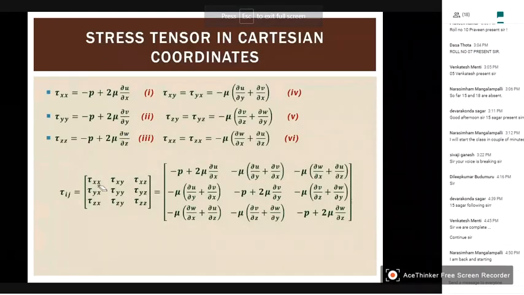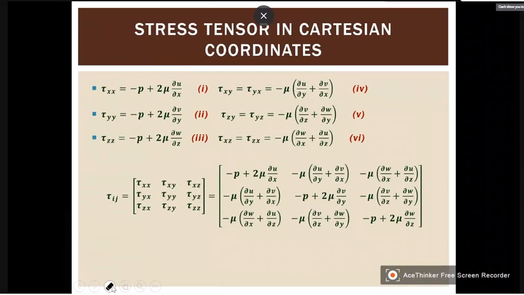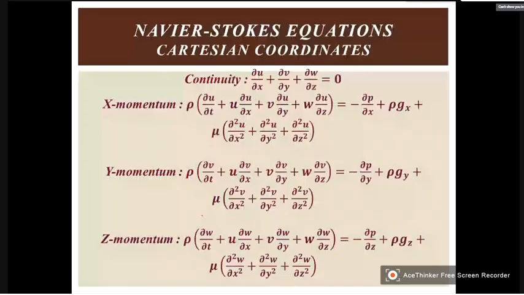This is the one. Tau xx, tau xy, tau xz. So this is xyz, x, xyz, y, xyz, z. The same notation we'll take there and I will illustrate there.